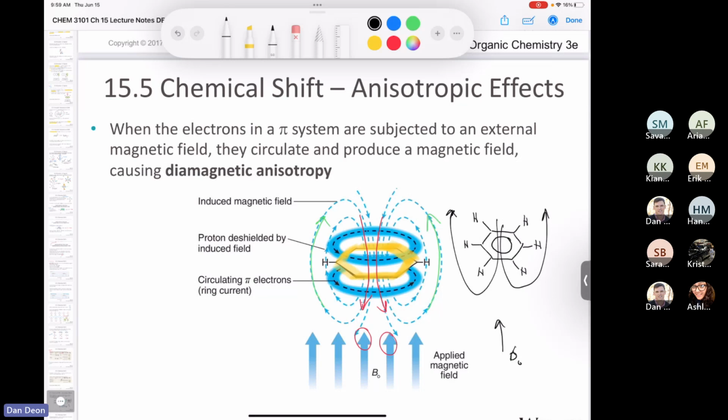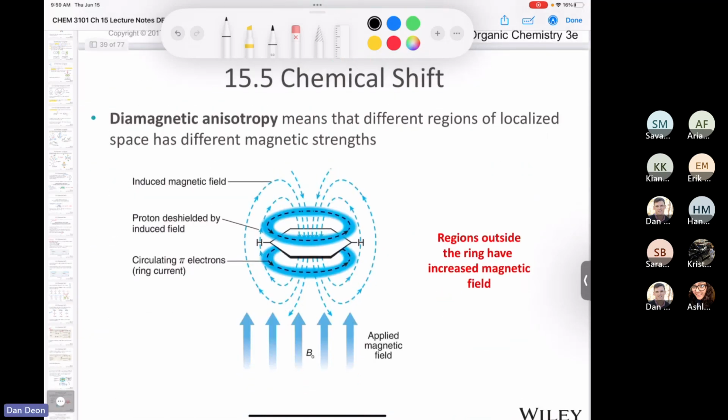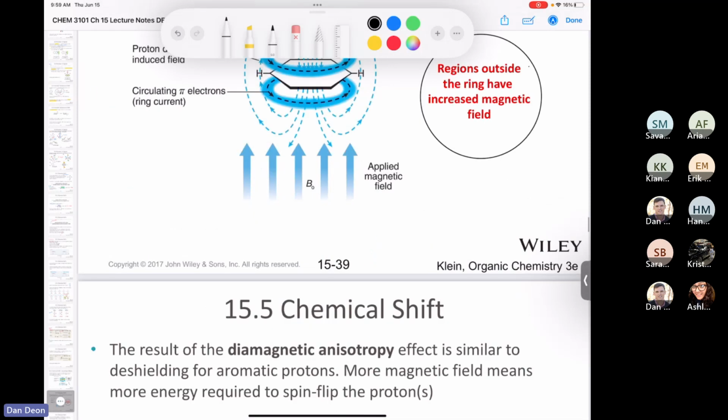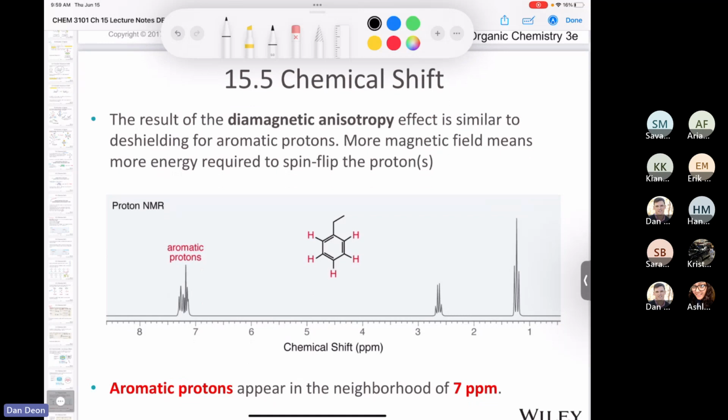And so what does that do? It creates this crazy de-shielding effect on aromatic protons. So what happens is that the regions outside the ring have an increased magnetic field, and that leads to a real extreme de-shielding effect. So the result of diamagnetic anisotropy is similar to de-shielding.